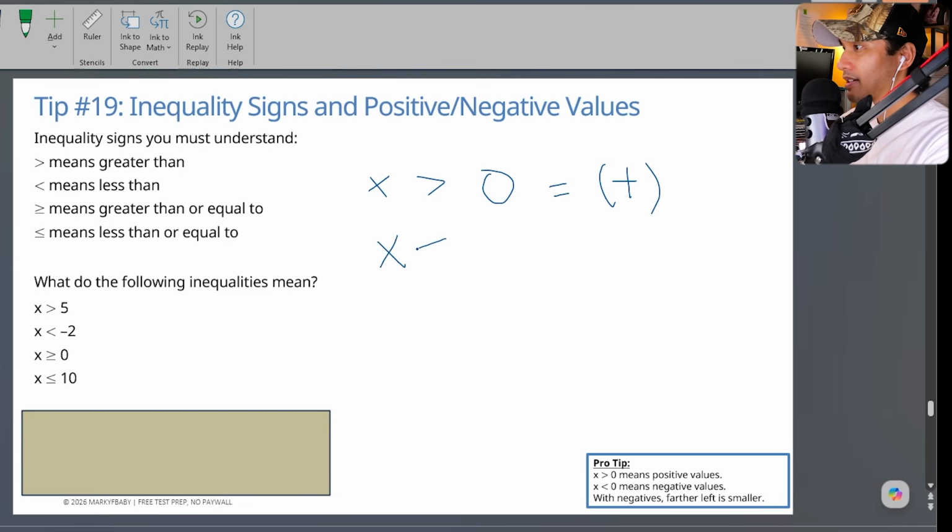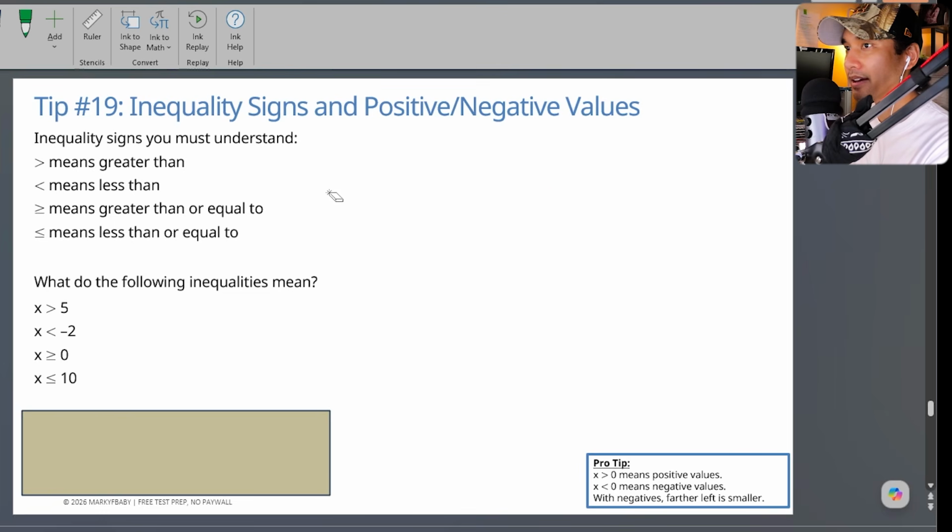When you have this less than 0, this means negative values, x values that are negative, okay? So you must memorize these, okay? Very important for the tests. I go in depth on these on my practice tests as well as my videos specifically on these concepts, okay?